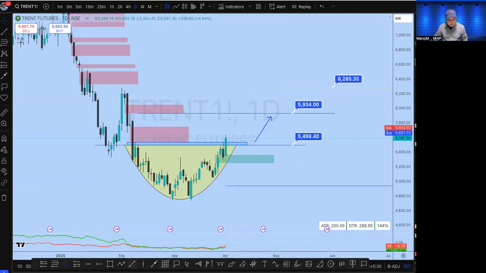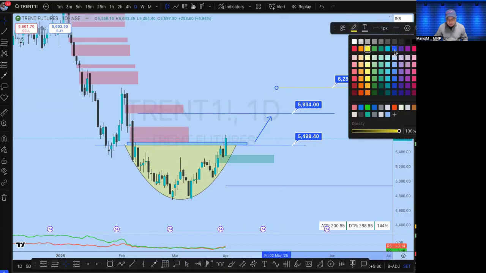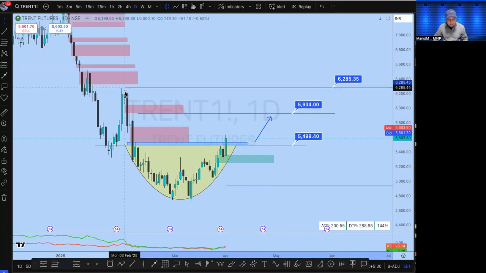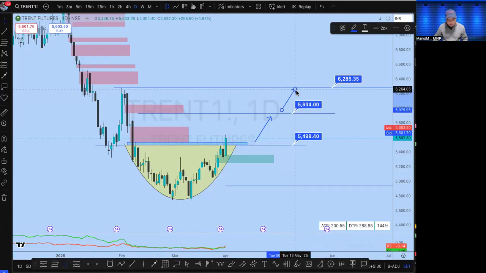I also see the next move, which I've already been mentioning earlier. We make it blue to make it more visible. And this is the next level that we're looking at. This is the 6285 level, and that would take us to a phenomenal 800-point move.